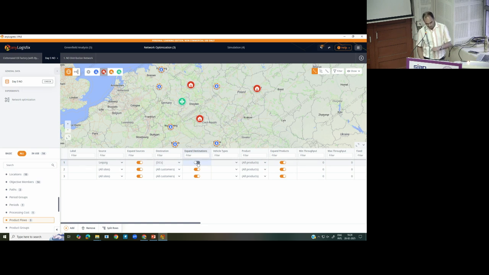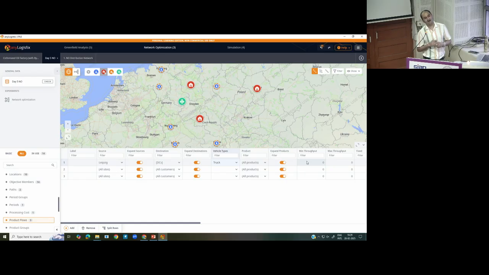So you need to activate this button, so that from that one supplier the products will go to all DCs, and that constraint will apply to all DCs. Expand DCs. Vehicle type is truck. Product, all products. Expand products. Minimum throughput. What is minimum throughput or maximum throughput?